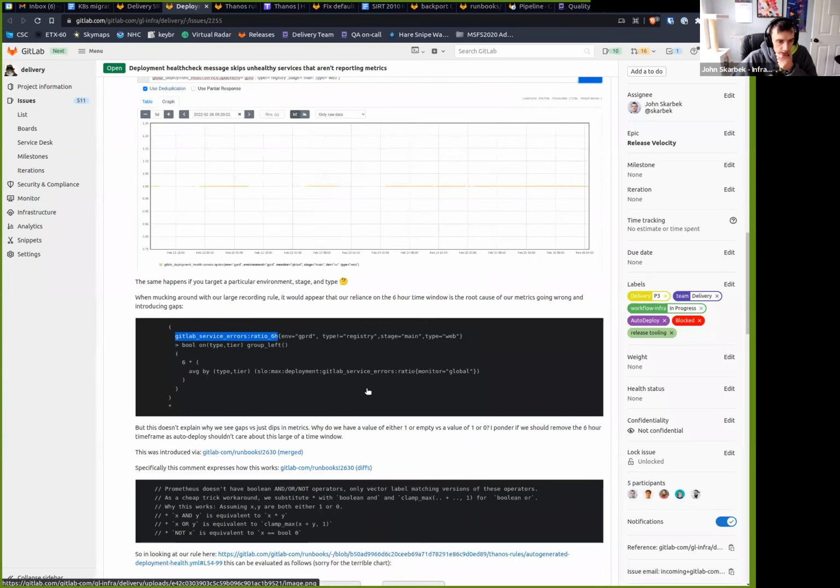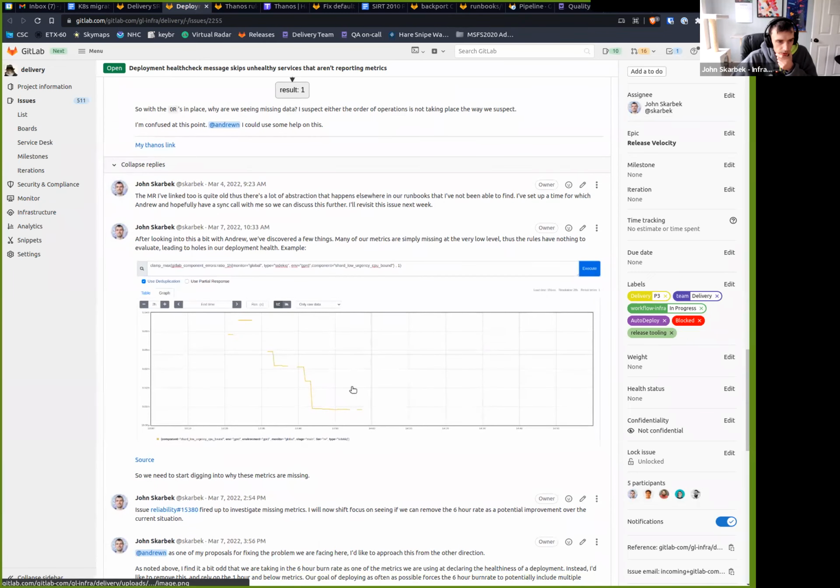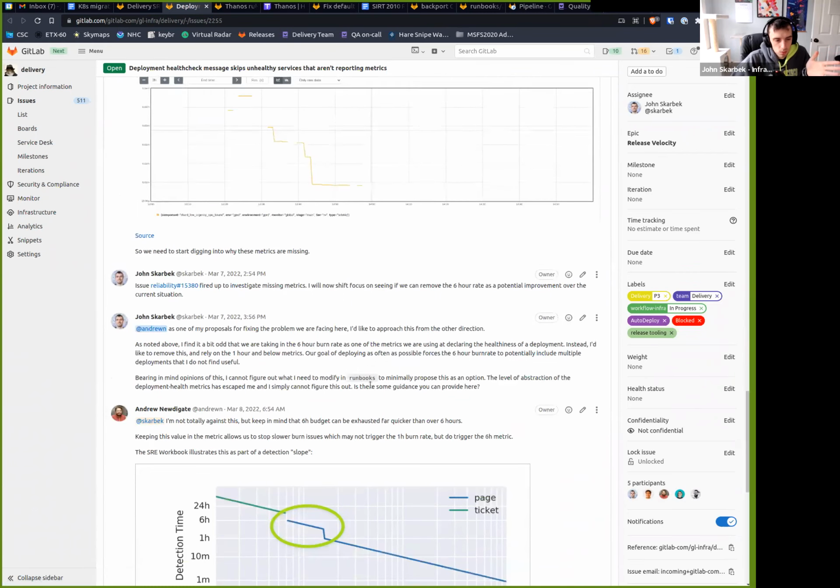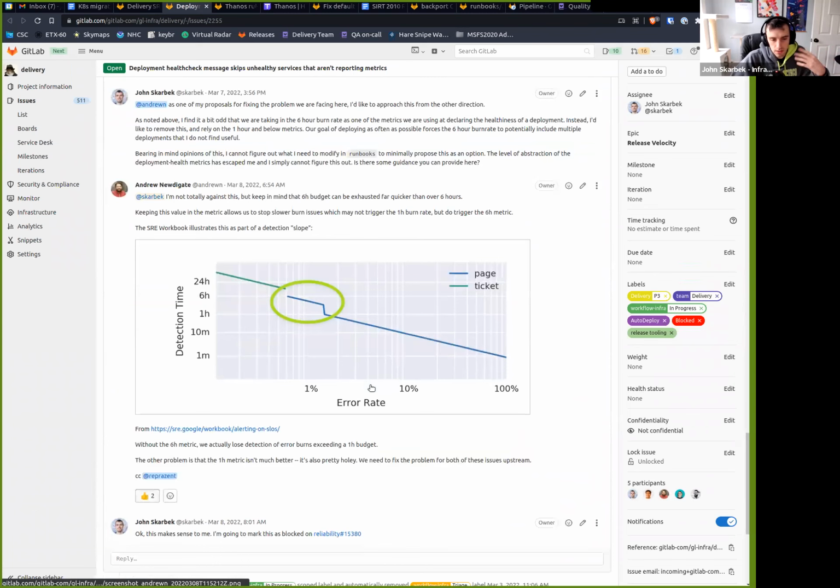When looking into this, I thought one of the things I could do was just get rid of the metrics that are missing. And Andrew is against doing this, because this picks up errors that are occurring over the course of the lifetime of a given service.